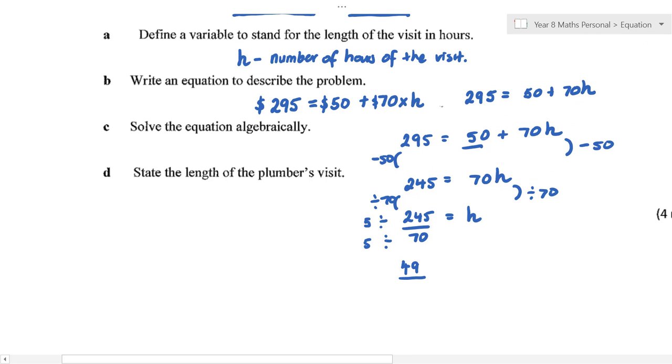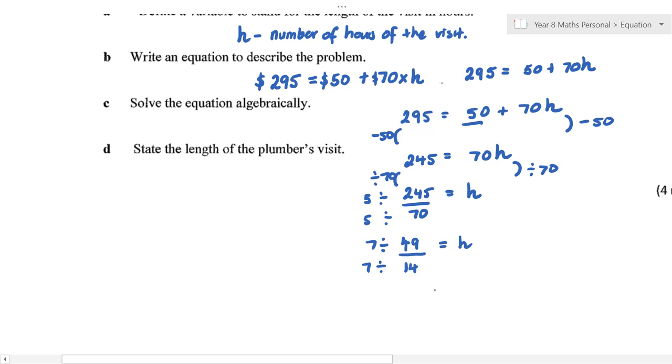Now, how many times does 5 go into 70? 14. Now, look. As it turns out, we can probably do something else. Is there a number which goes into both 49 and 14? 7. Very good. So I could divide the top by 7 and the denominator by 7.